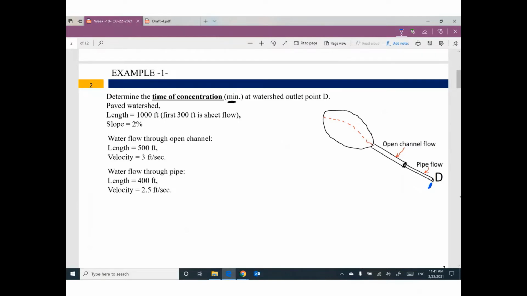We have a paved watershed. The first phase of flow has a length of 1,000 feet. The first 300 feet is sheet flow and the slope equals 2%.